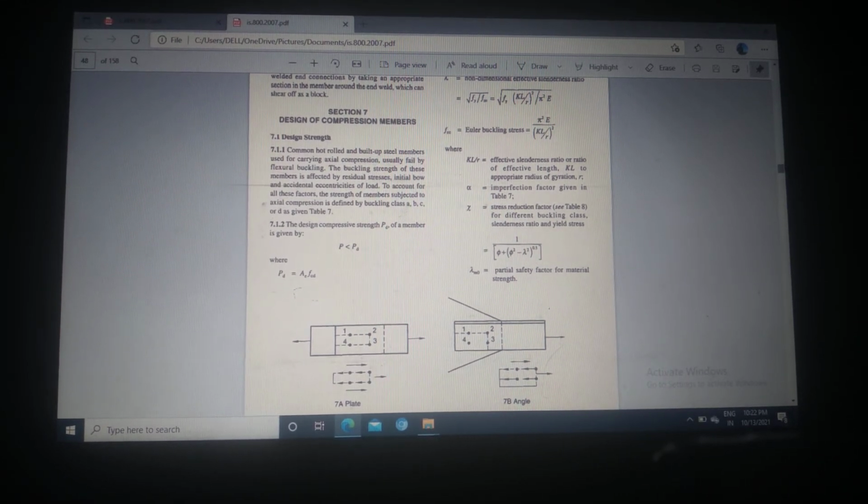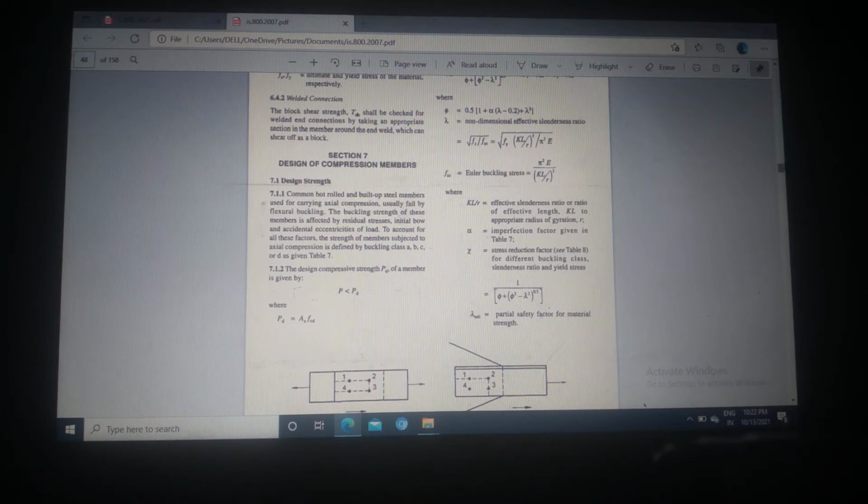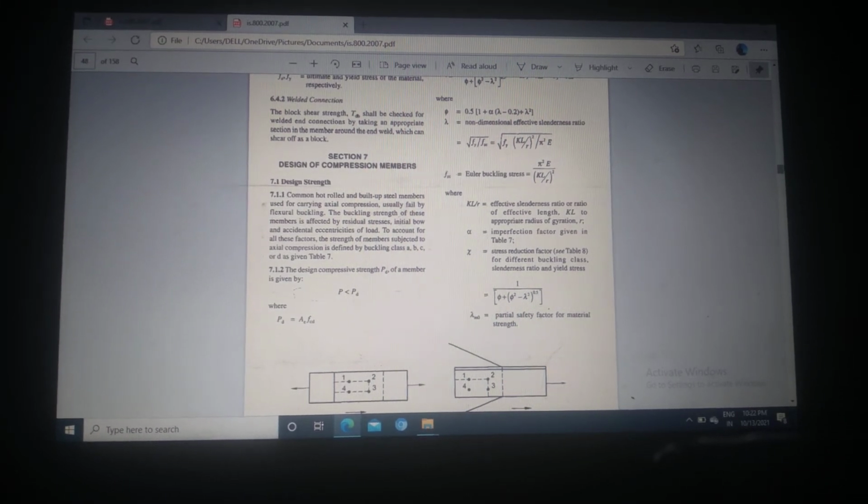And in case of angle, that dash line from the end of the angle passing through 1 and 2, this is the shear failure plane in case of angle.